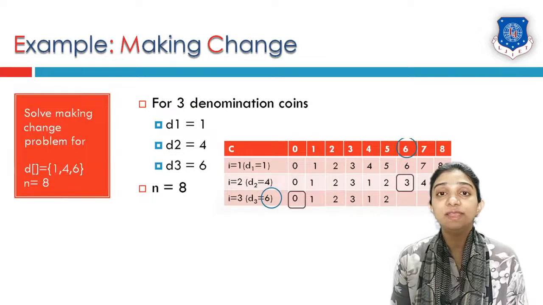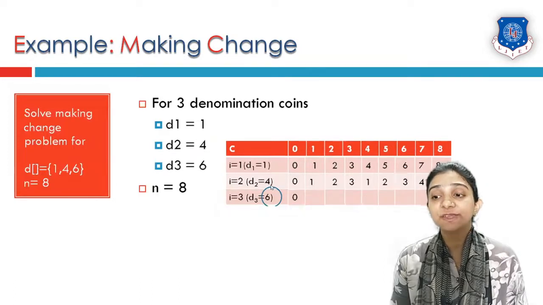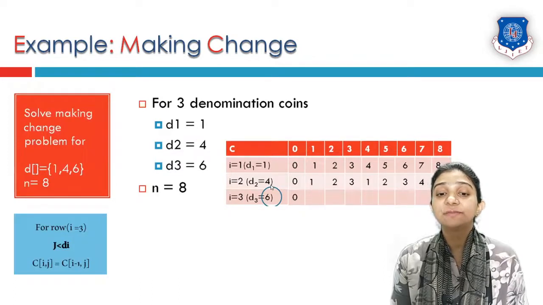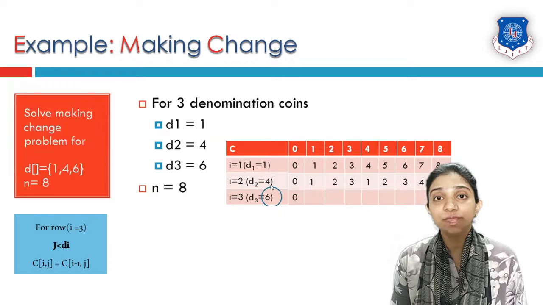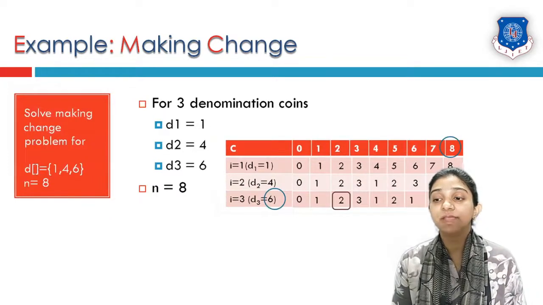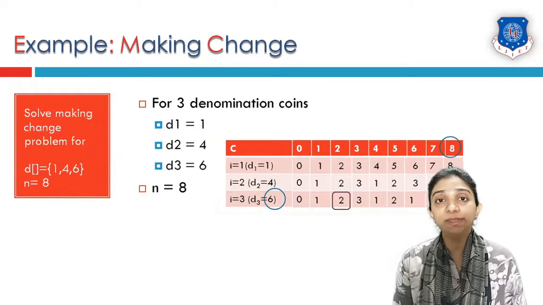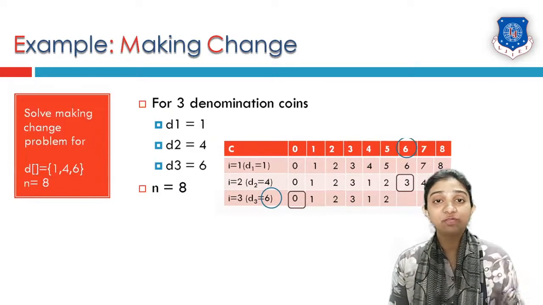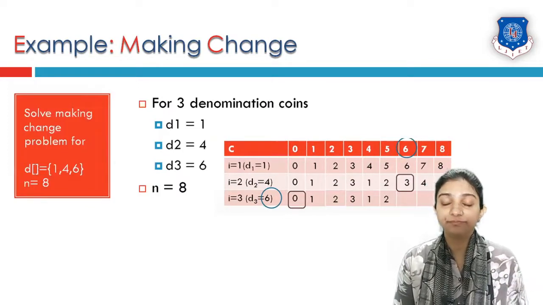Now for the next column, that is for row number 3 and column number 6, in this case, j is lesser than di, we have to just copy those values.